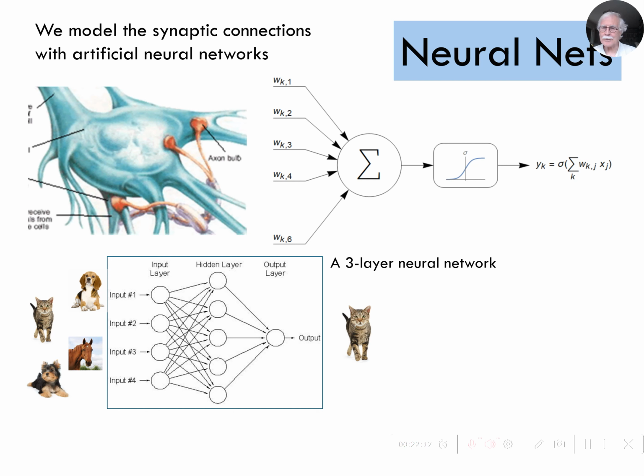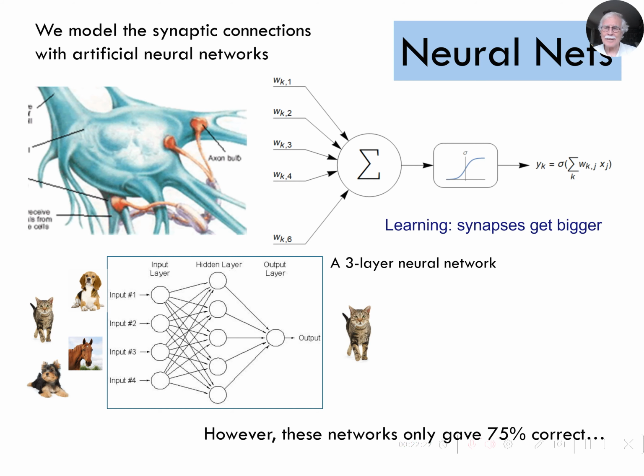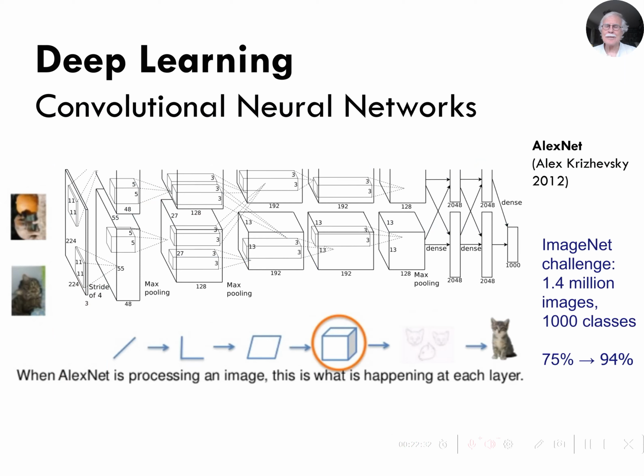We used to have neural networks already for a long time, and it was mostly 3 layers, and they never really worked. So 75%, that was about it. But then we got multiple layers, and in 2012 there was a big hit because there was a competition every year, the ImageNet Challenge.